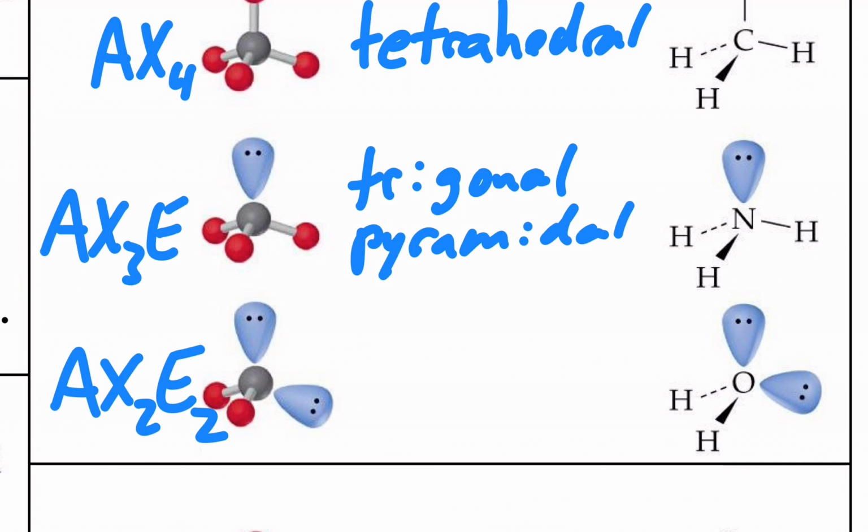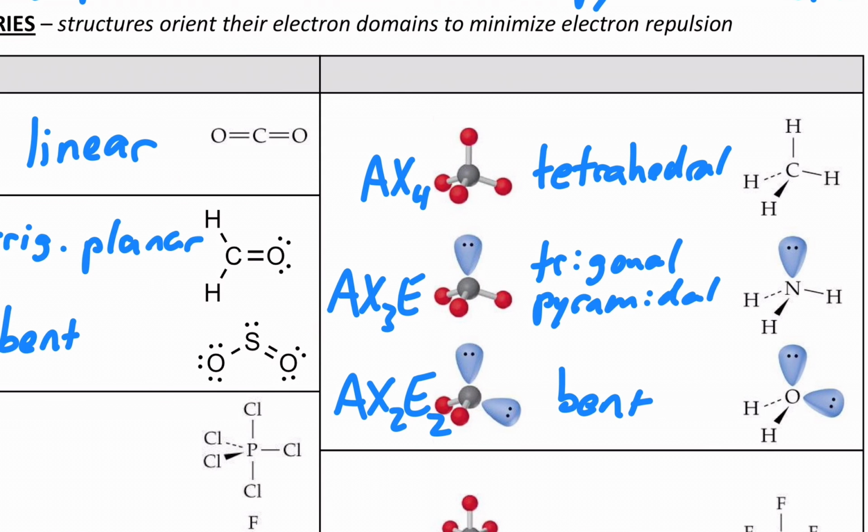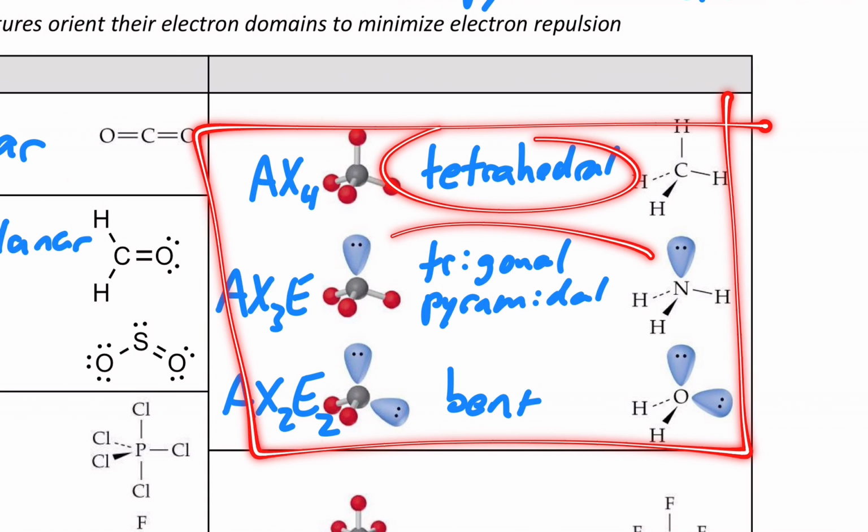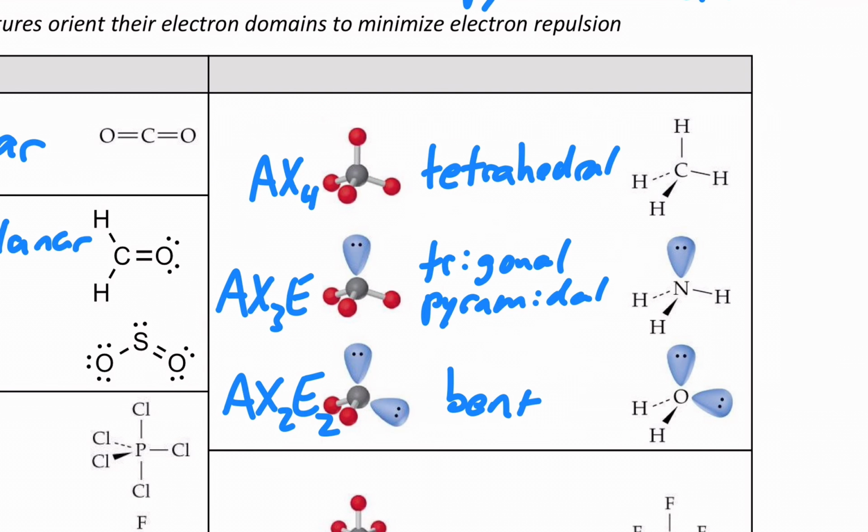An AX2E2 system is just a bent shape. So water is bent, ammonia is trig-pyramidal, but methane is tetrahedral. So if you have the same parent electron geometry, you have the possibility of multiple molecular geometries, and that's what these are. So these are the molecular geometries.